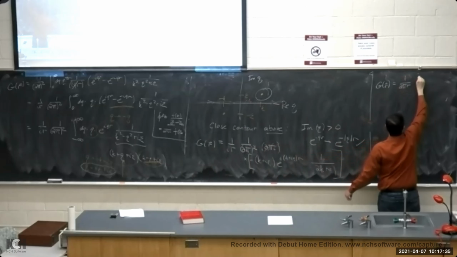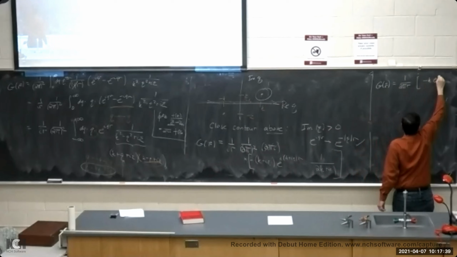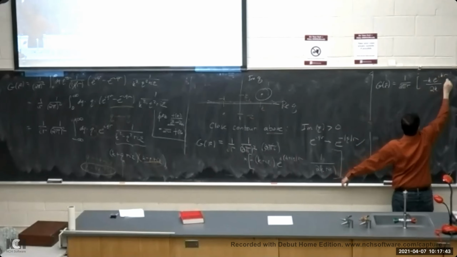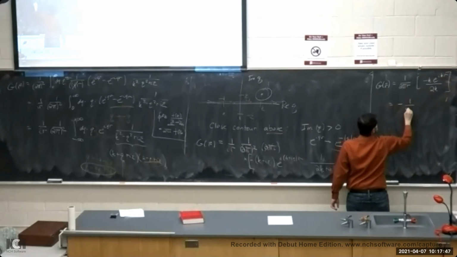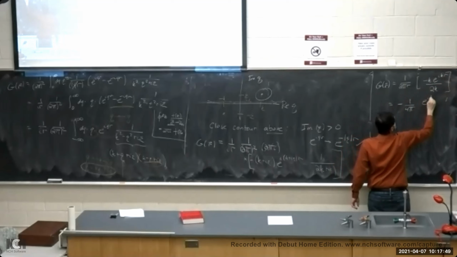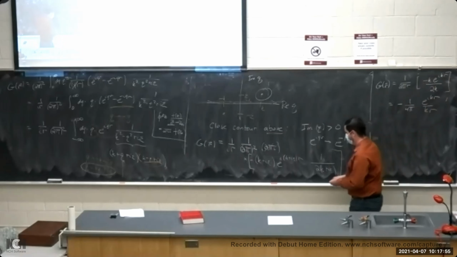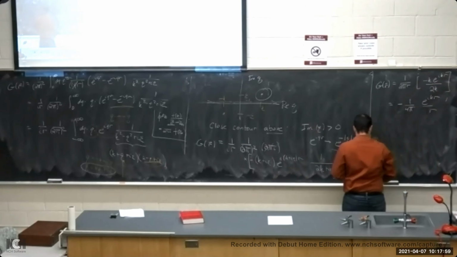From the rest of this stuff, I have minus k e to the ikr divided by 2k. So at the end of the day, I get minus 1 over 4 pi e to the ikr over r, since I cancel the k's. There, that's it.